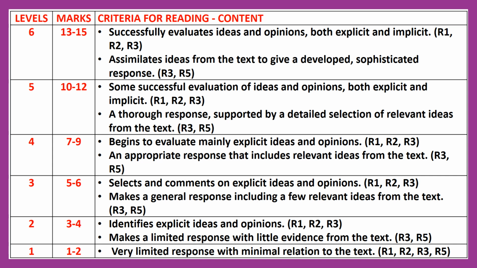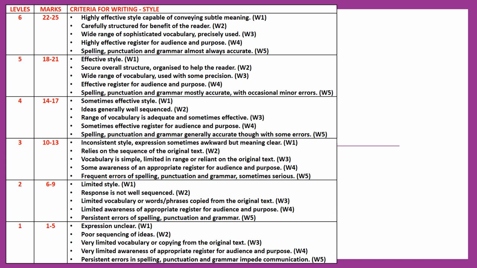Although this is mainly an assessment of your writing skills, your writing will be based on the reading text. Out of 40 available marks, 15 are awarded for content. This means the response successfully evaluates explicit and implicit ideas and integrates them from the text to form a well-developed, sophisticated response. Now let's discuss the criteria for writing.